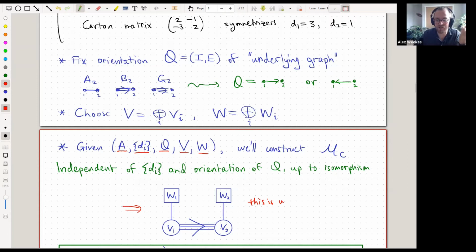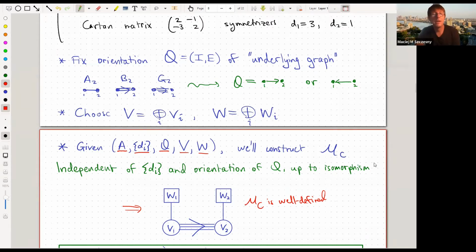Meaningful is the wrong word. This is sort of well-defined. You just pick an orientation, you pick symmetrizers, and it's well-defined up to isomorphism. Oh, yes, sorry, there's a question. Whether there's going to be a difference here between type B and C? Oh, yeah, great question.